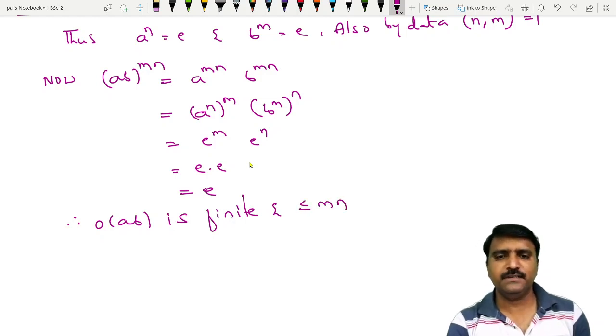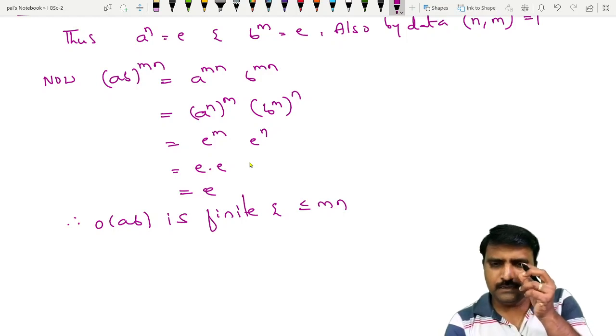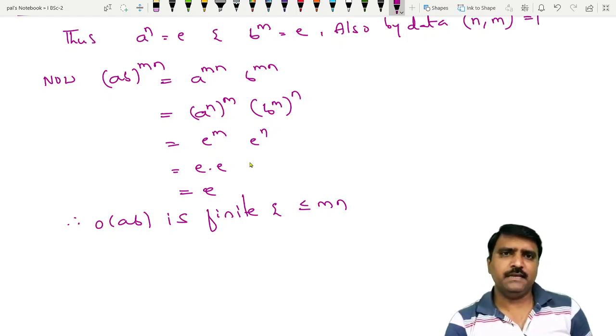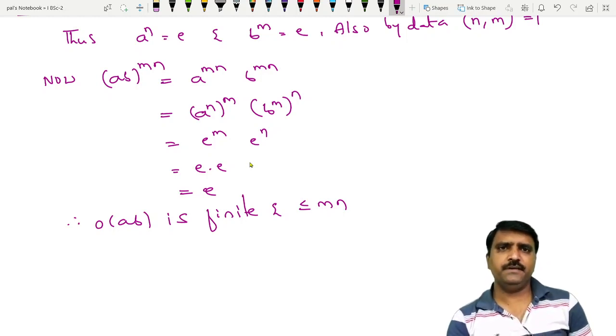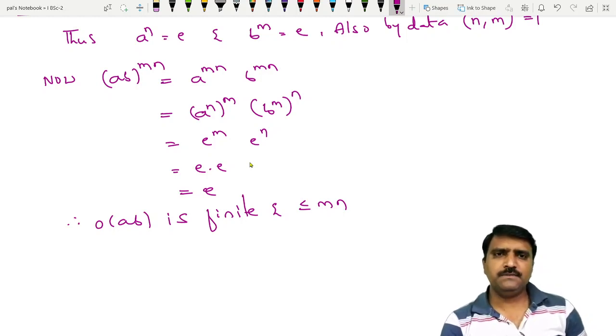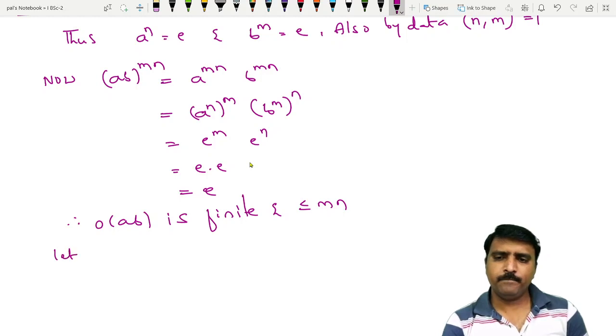And what the order of AB actually is, we do not know. So I am just taking that the order of AB is some positive integer, say L. Let the order of AB be equal to L.